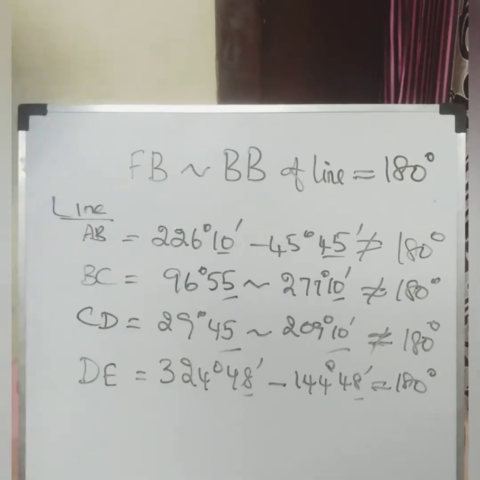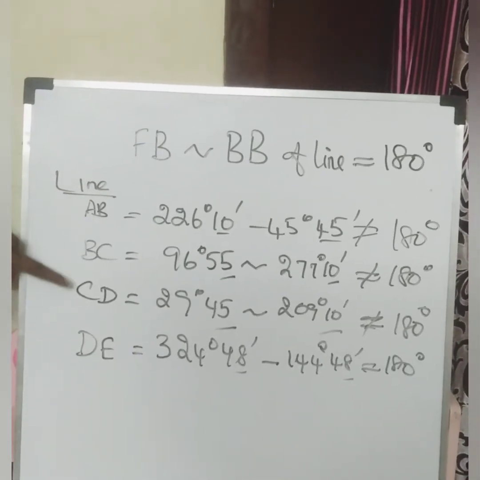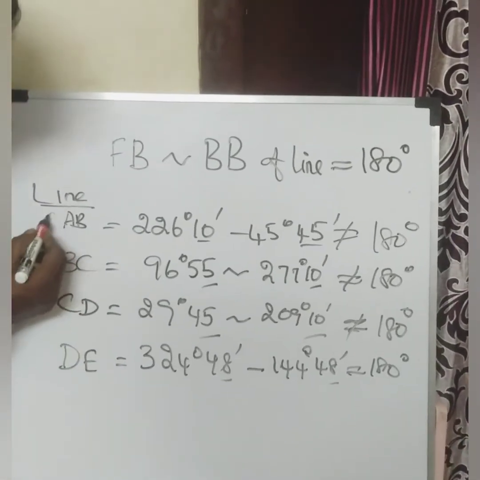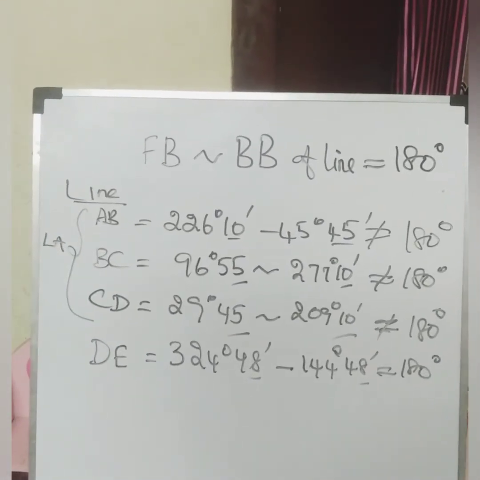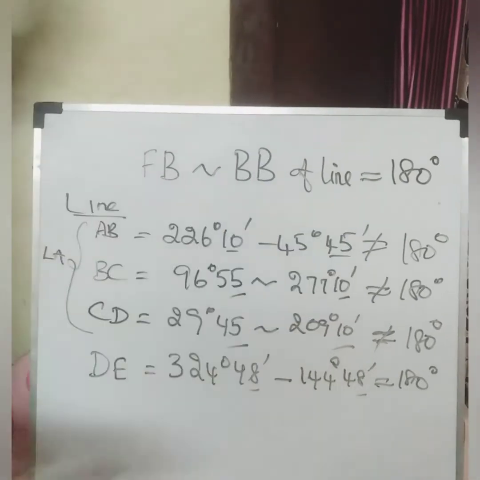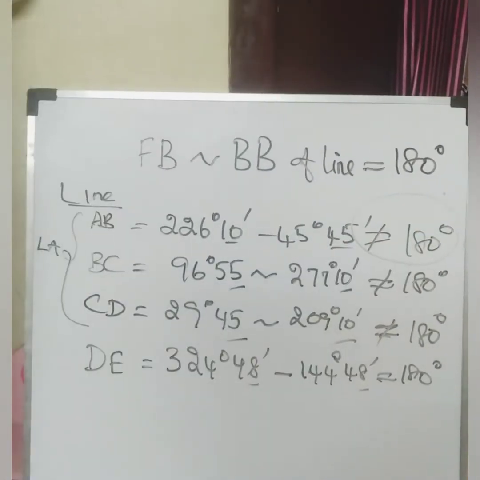So from the given observations, lines AB, BC, CD were affected by local attraction because the difference between forebearing and back bearing is not equal to 180 degree.